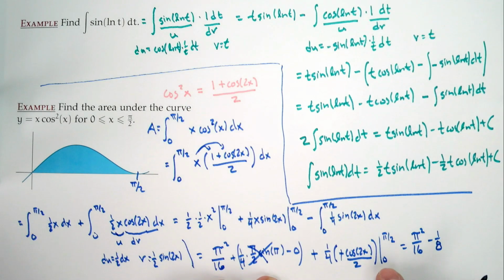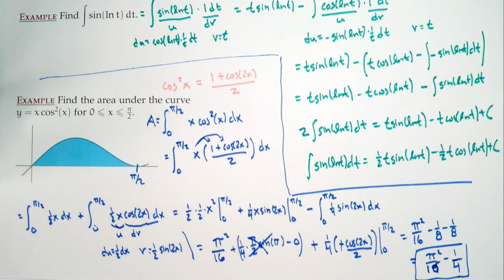And then, of course, cosine of 0 is 1. So 1/2 times a fourth is 1/8. But we also have to subtract that, so minus 1/8. So we end up with pi squared over 16 minus 1 over 4. Why did I write 19? It's 16. Pi squared over 16 minus 1 over 4. And that is our answer.